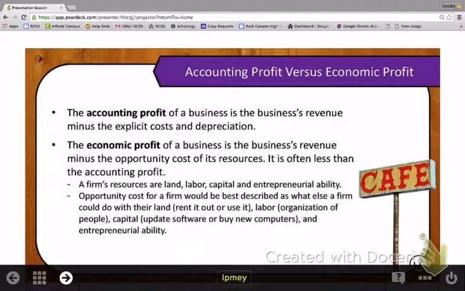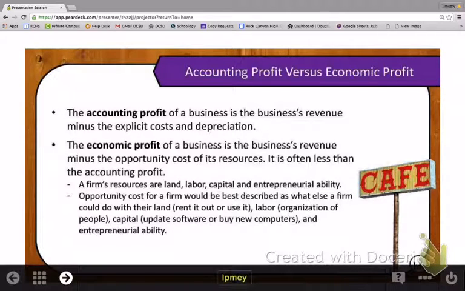The accounting profit of a business is the business's revenue minus explicit costs and depreciation only. It does not include implicit costs. It only includes explicit costs. So the economic profit of a business is its revenue minus the opportunity cost of its resources, both explicit and implicit. So it is usually less than the accounting profit.